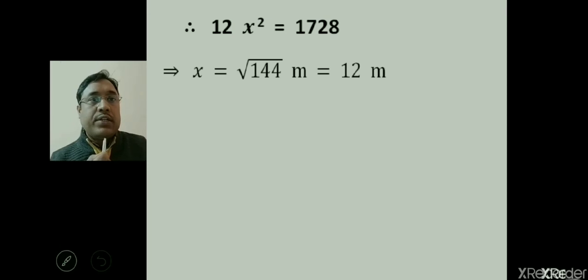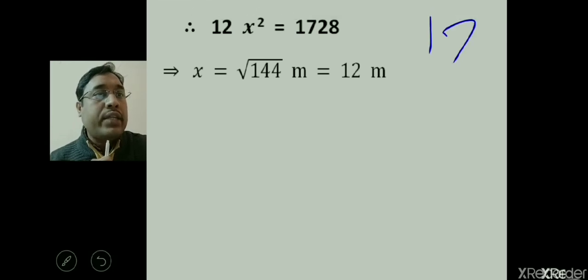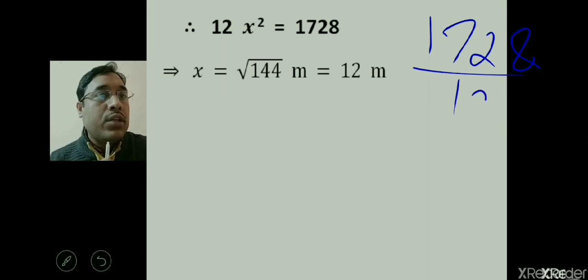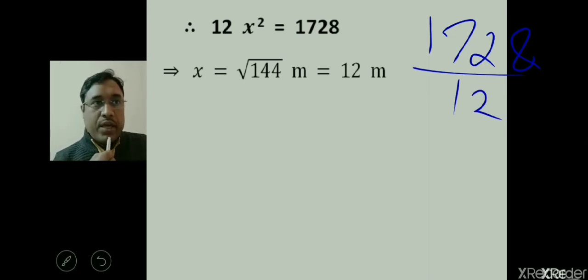This 12 will divide on the other side, then you will get 144, and after that you find the square root to get the value of x. So x square equals 1728 divided by 12, which is 144, and x equals root 144, which is 12 meter.